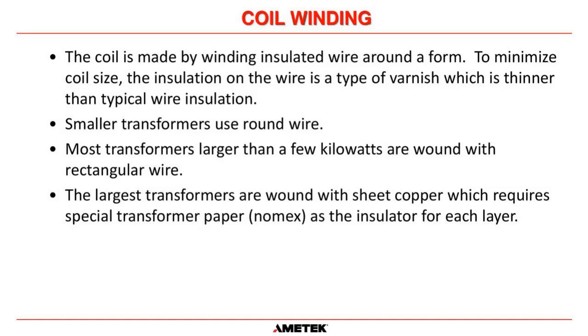Smaller transformers use round wire. Most transformers larger than a few kilowatts are wound with rectangular wire. The largest transformers are wound with sheet copper, which is what we just saw. When you use sheet copper, each layer has to be insulated, and we use Nomex paper, which is very high temperature, between each layer.